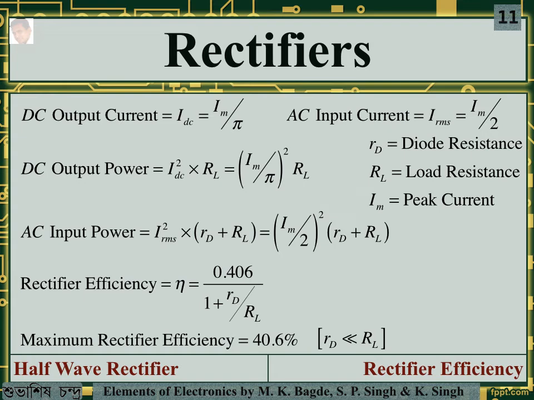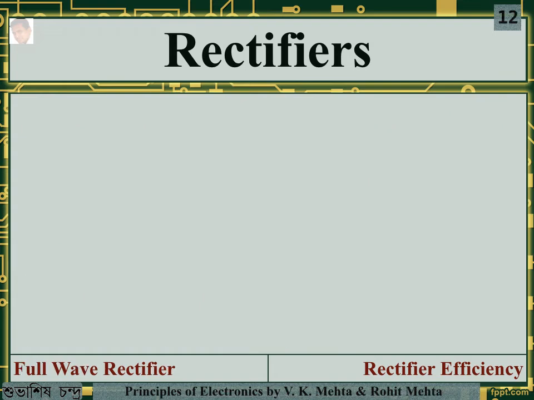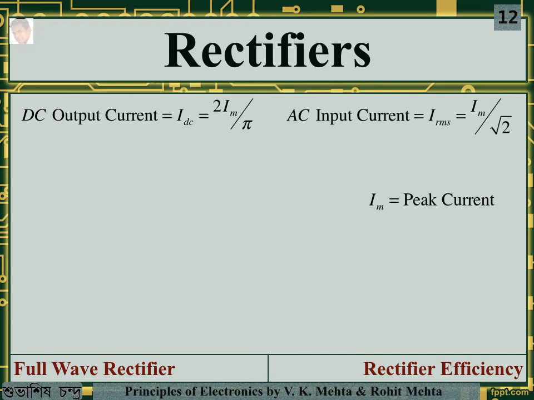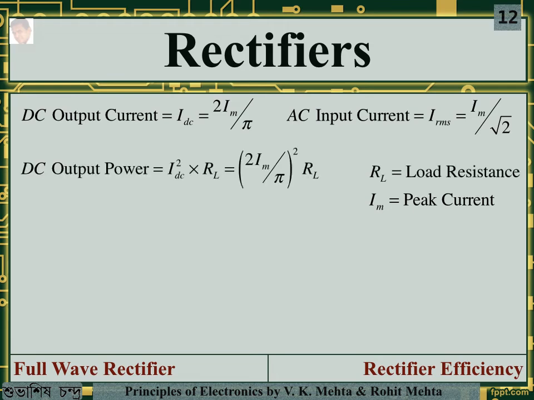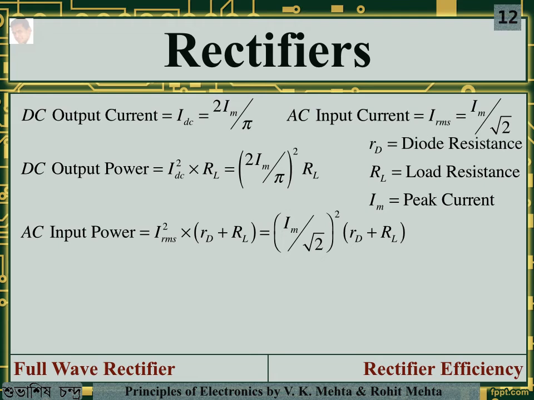Let us compare it with the full wave rectifier. For a full wave rectifier and a full wave bridge rectifier, the DC output current is IDC equal to 2 Im by pi. The AC input current is IRMS, which is Im by root 2, where Im is the peak current. The DC output power is again IDC square into RL, and the AC input power is IRMS square into RD plus RL.